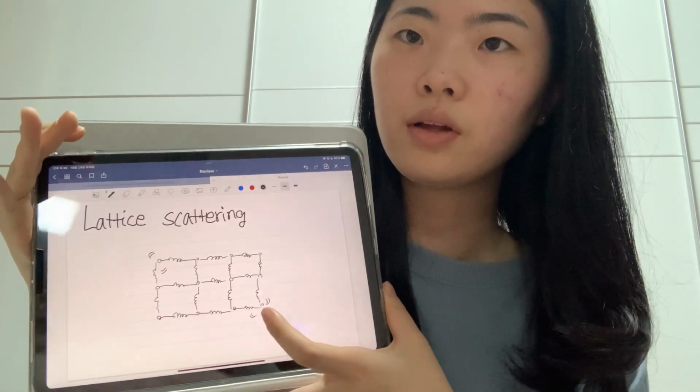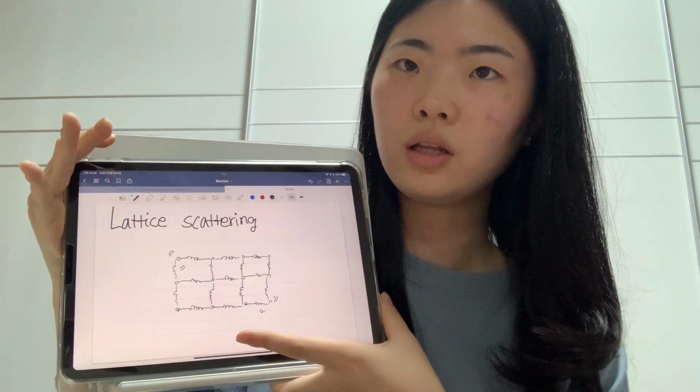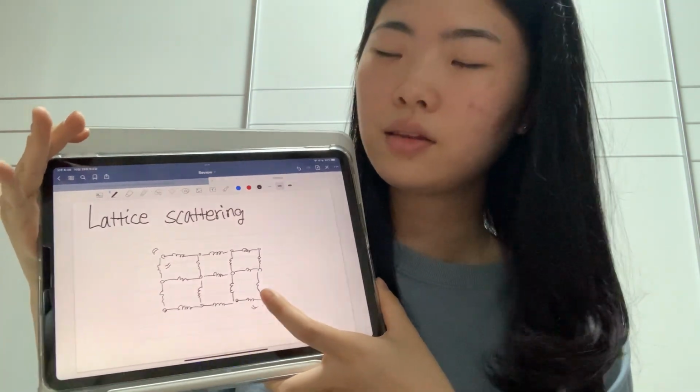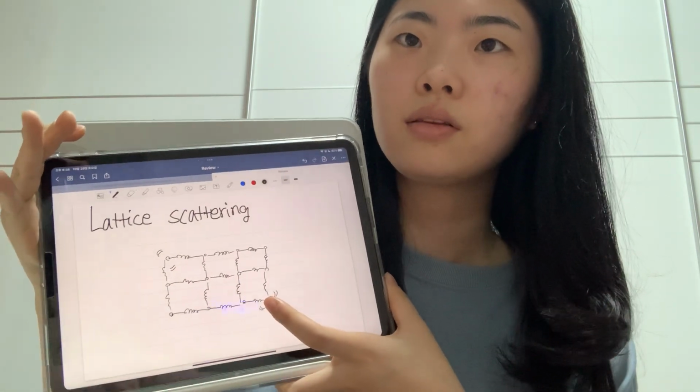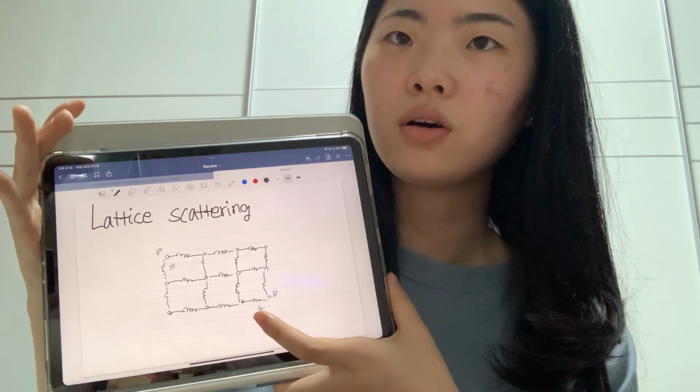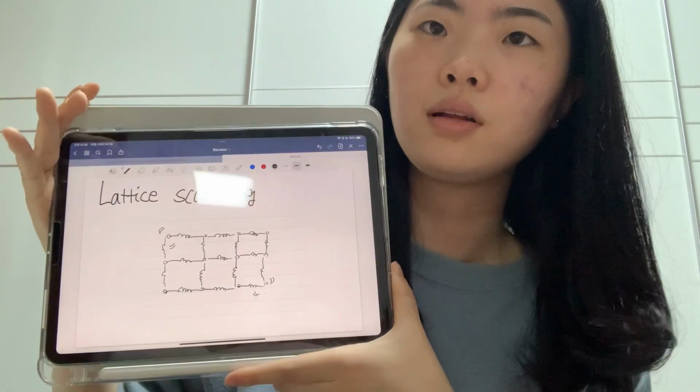So if another electron moves near in here, that electron can collide with this lattice. That percentage will be higher. So this means lattice scattering.